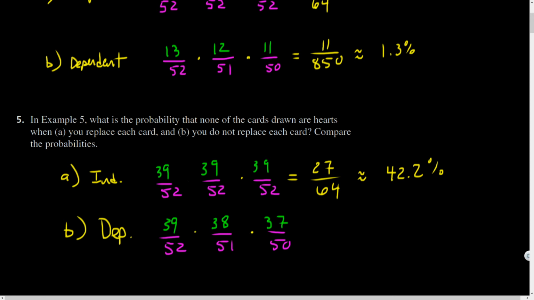If you multiply all that out and simplify, you get 703 over 1700, which is approximately 41.4%. Boom. Aha. All right, let's take a look at example 6, shall we?